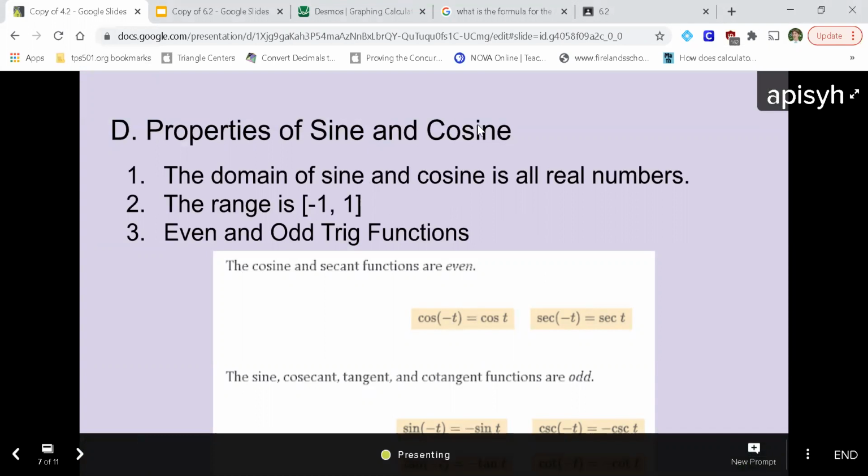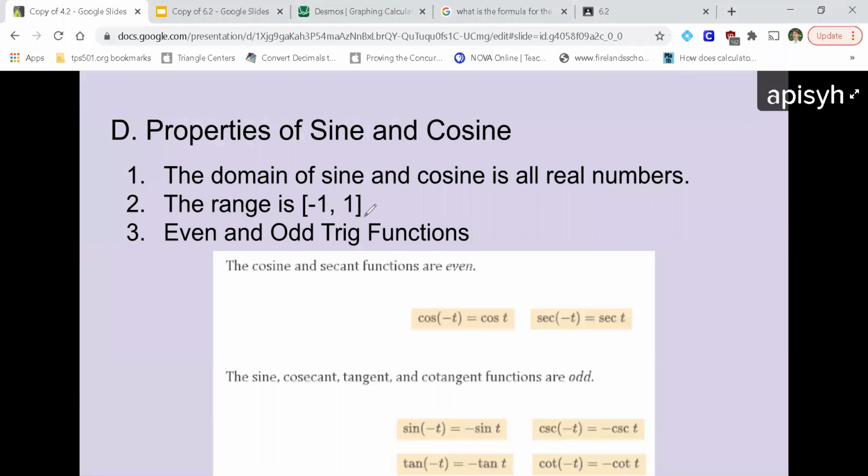So last thing we're going to talk about is just some notes that again will have some application to the homework, but mostly it'll have application in the future of chapter 4. So we're going to start talking about the properties of each of the 6 trig functions, and we're going to start our discussion with sine and cosine. The domain of sine and cosine is all real numbers.